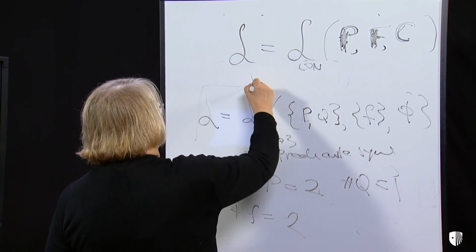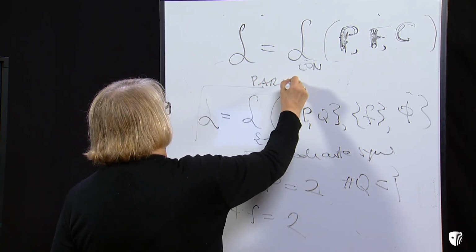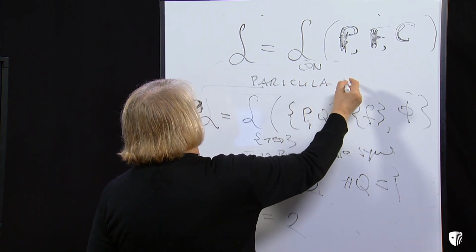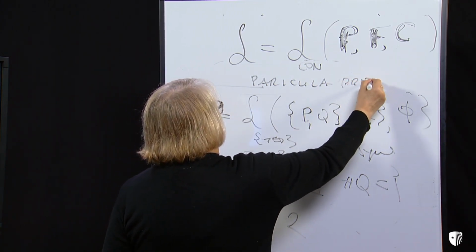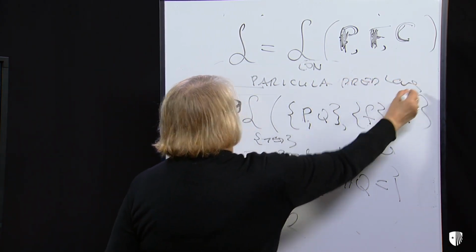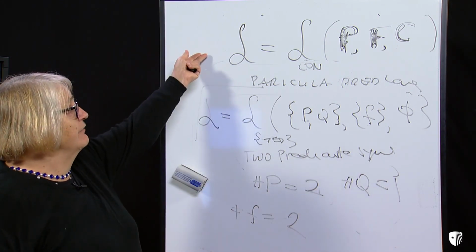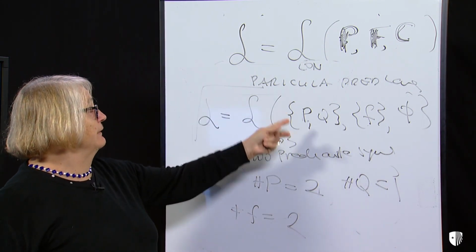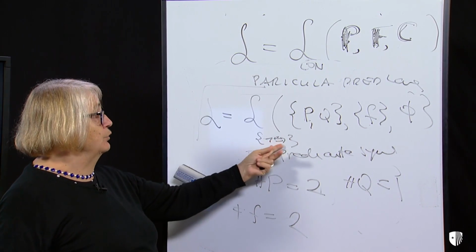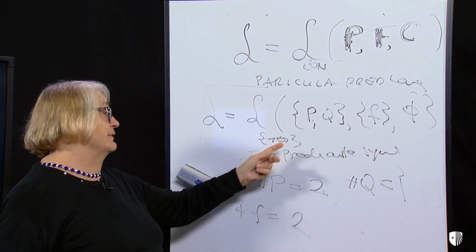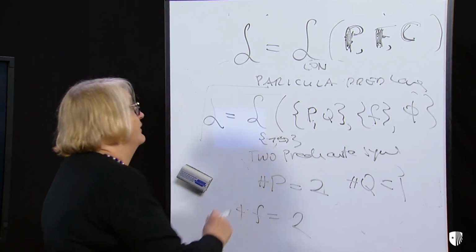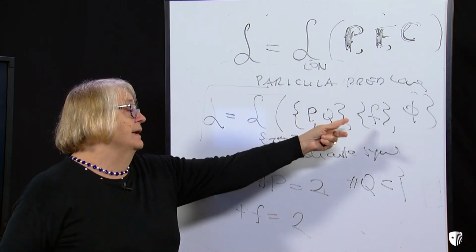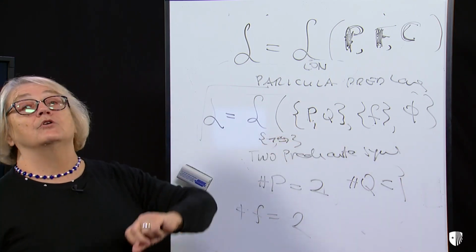So this is a particular predicate language, where you have two connectives, negation and implication, and we have two predicates, one functional symbol, and no constants.